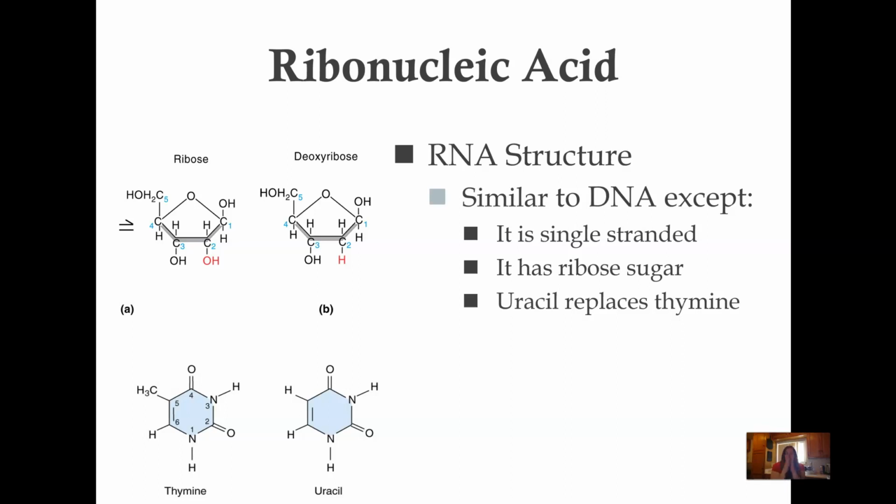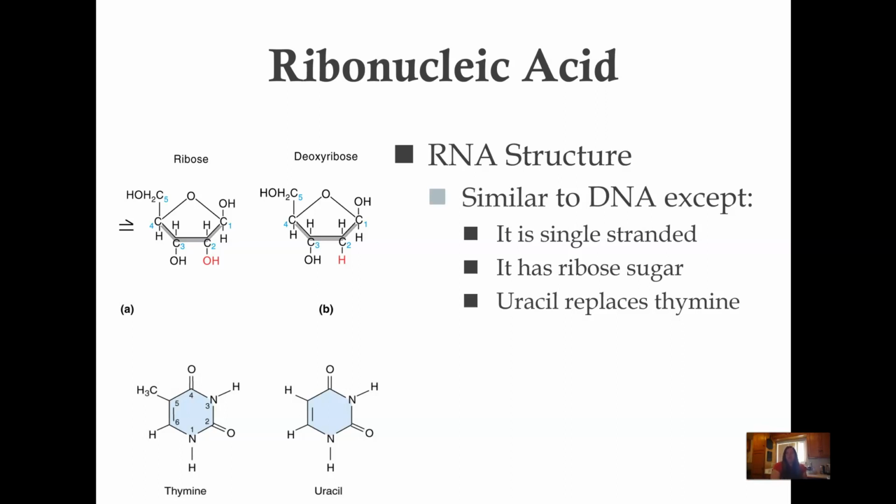The second portion that maintains its stability is the fact that it's double-stranded. And a third reason why it's so stable is that it's complexed with many different types of proteins that keep the superstructure of DNA very stable.